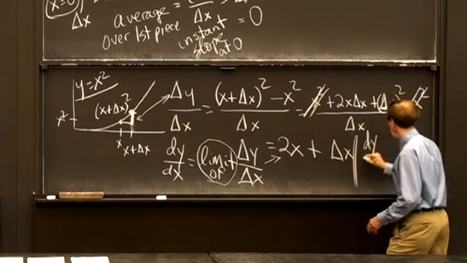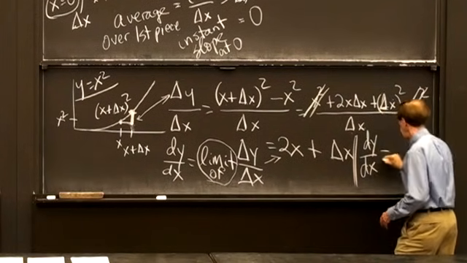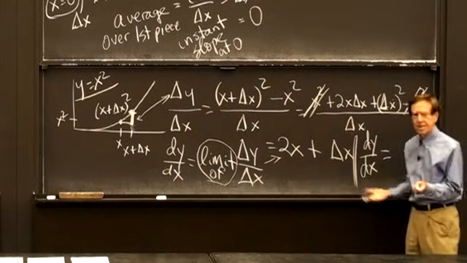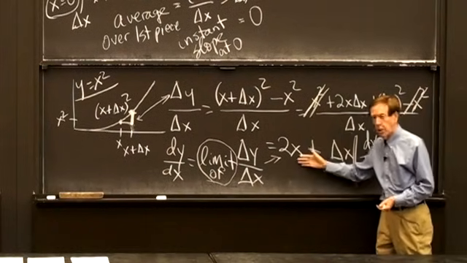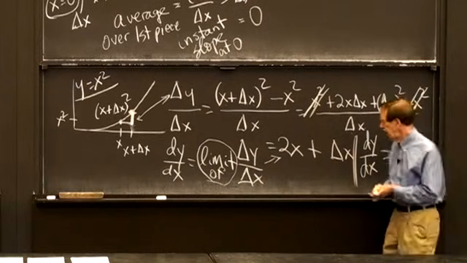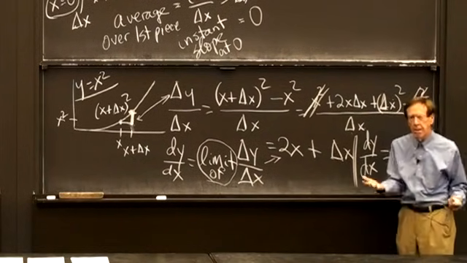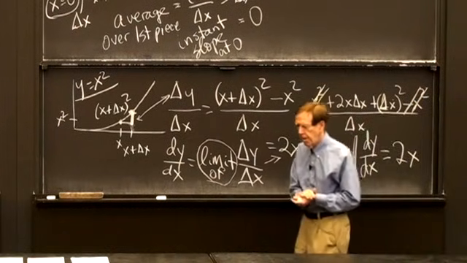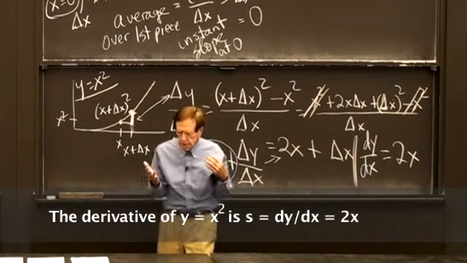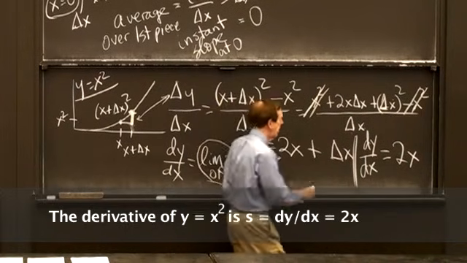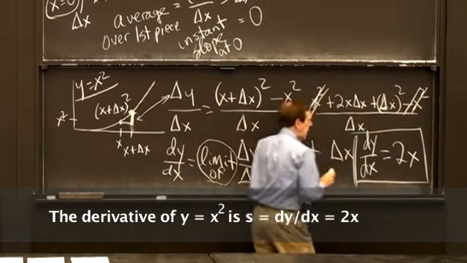So in the limit, it's not hard. Here's the 2x. Here's the delta x. In the limit, it disappears. So the conclusion is that the derivative is 2x.